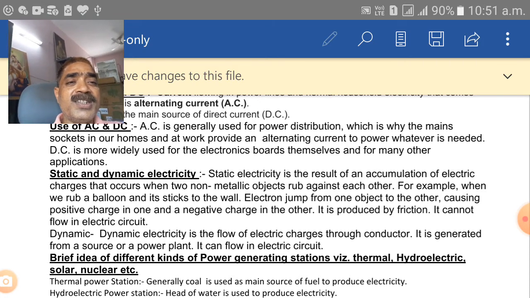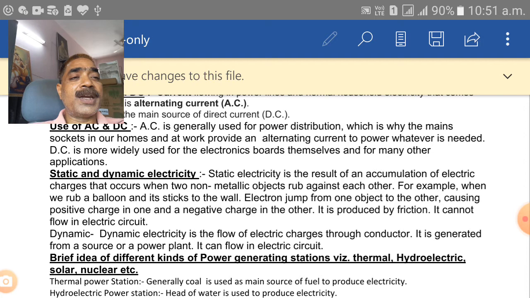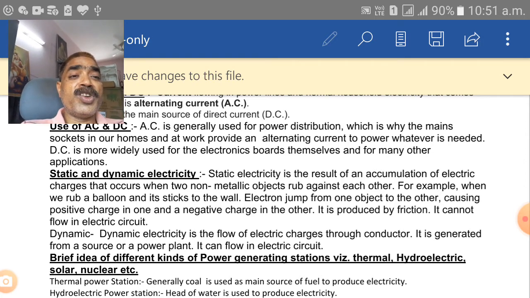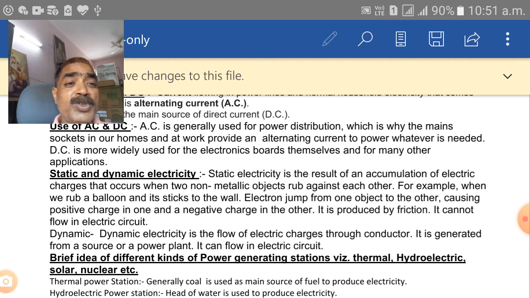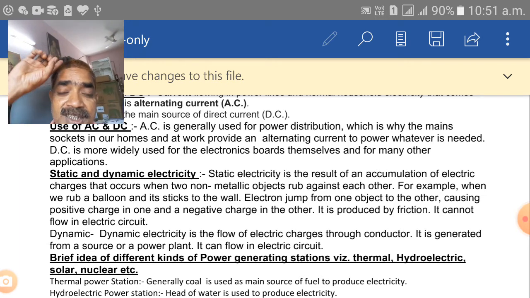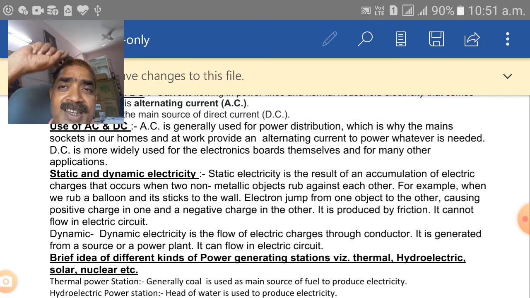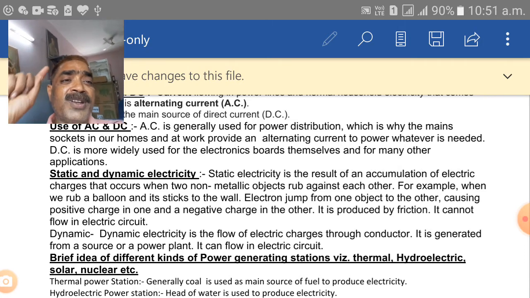So now you see, static electricity is the result of the accumulation of electric charges that occurs when two non-metallic objects, here we are rubbing the plastic that is non-metallic, and there is the hair that is non-metallic.